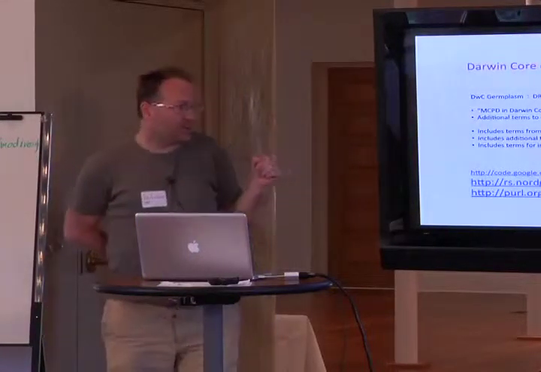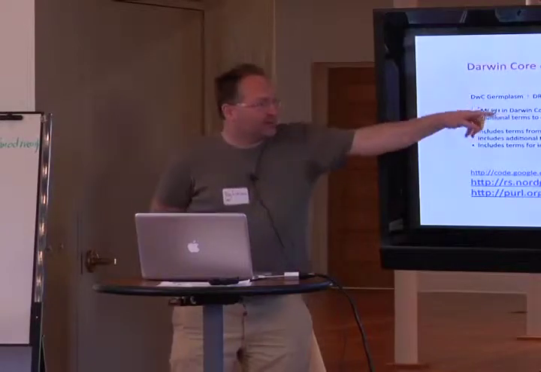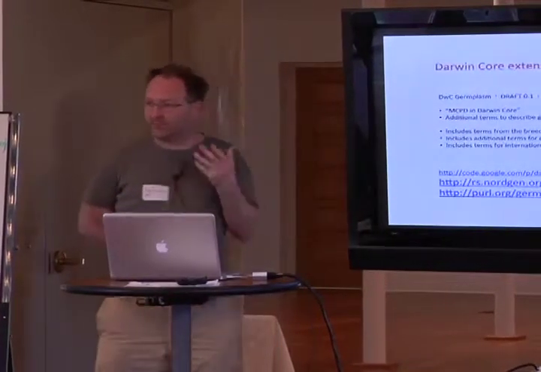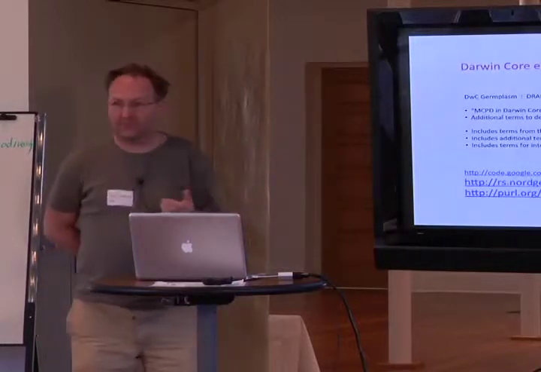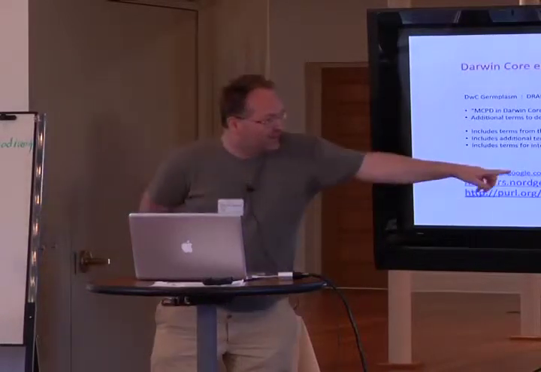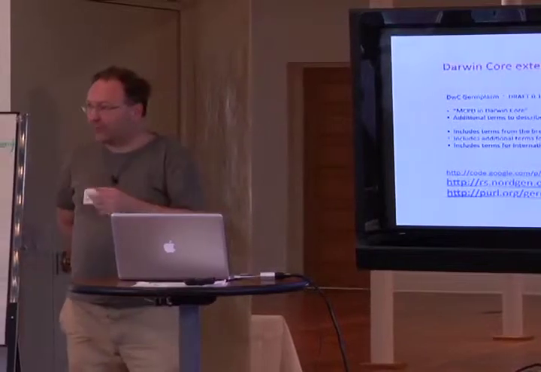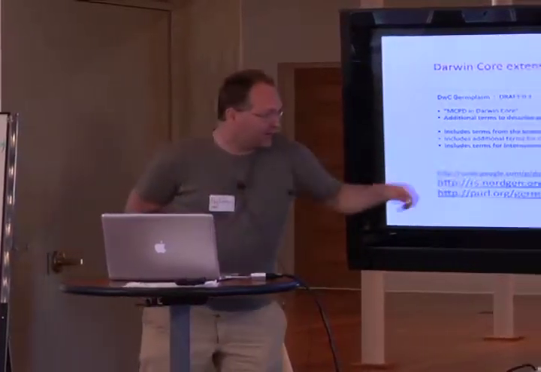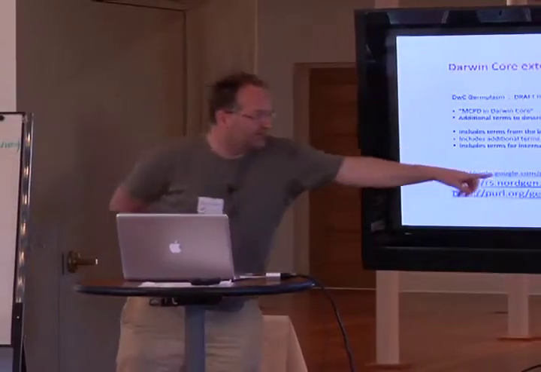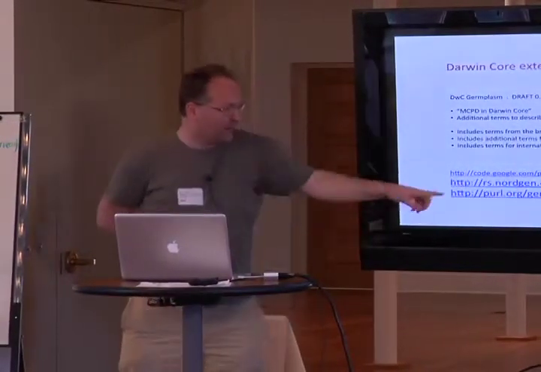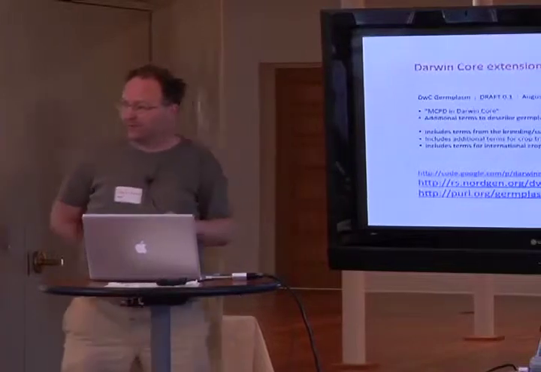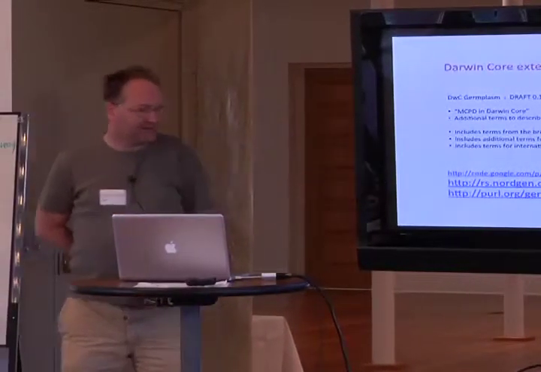It's also important to consider that this extension is based on an existing standard, MCPD, which I will show in the next slide. We also follow very much the model of Darwin Core and created a Google Code site. This is the first namespace I used. We have started to look at a PURL to have it more stable, so this is coming soon.